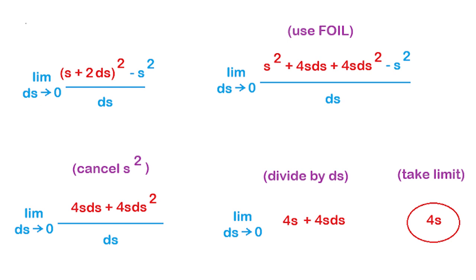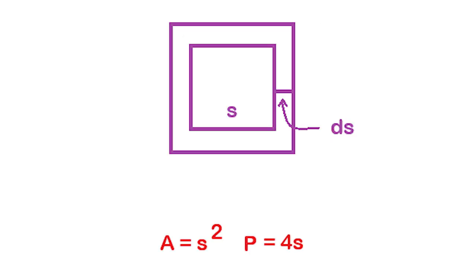Divide by the ds. Finally, take the limit as ds goes to 0 and we get 4s. And guess what? That is the formula for the perimeter of our square. Seems like magic. Fairly simple magic, but still magic.